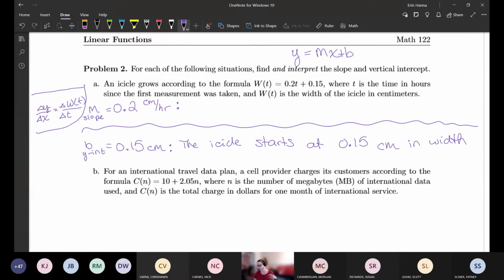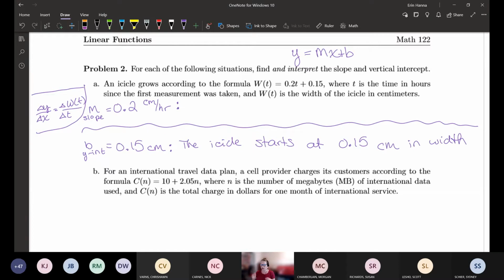If you wanted to say, when time is 0, the icicle is 0.15 centimeters in width, that's perfectly fine. I don't really care how you phrase these, as long as it has the right format and gets the point across. The format here is that one of the values is 0 and the other one is 0.15. And I have the one value being 0 in this statement as the icicle starts.